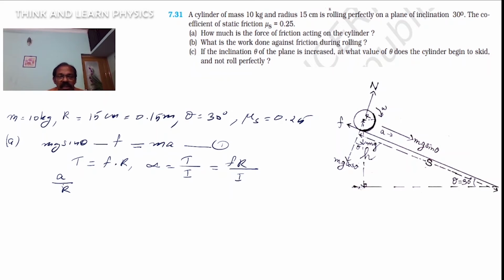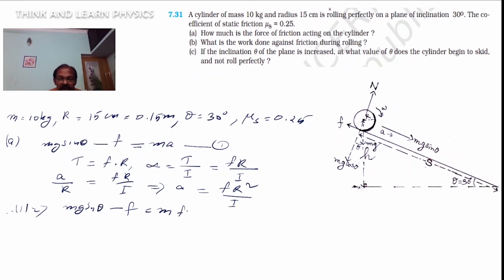So we can write alpha as a by R, that's equal to F R divided by I, or from this relation we get the linear acceleration a equals F R square divided by I. Now substituting this in equation 1, equation 1 becomes mg sin theta minus F equals m into F R square divided by I.